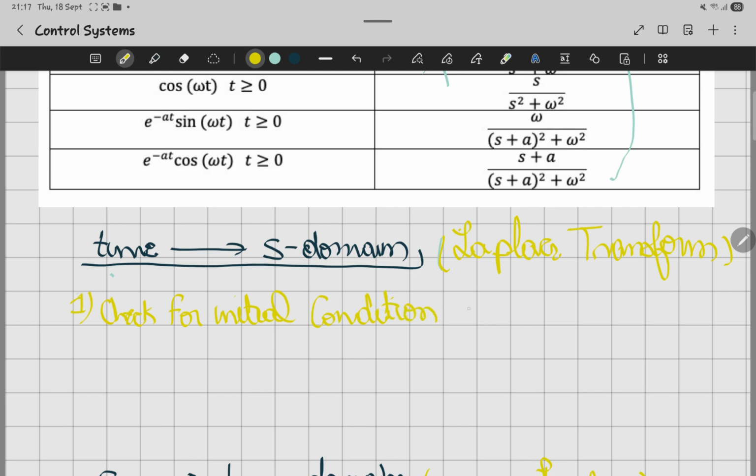If there's no information about the initial condition, then we're going to assume that the initial condition is equal to 0.